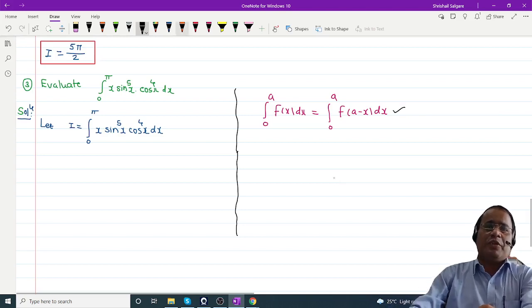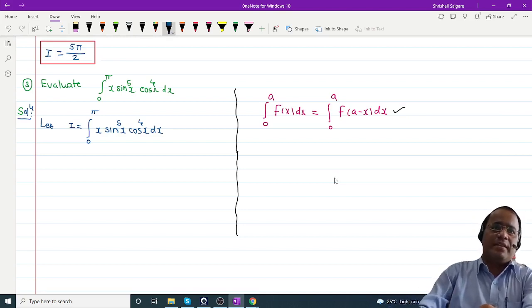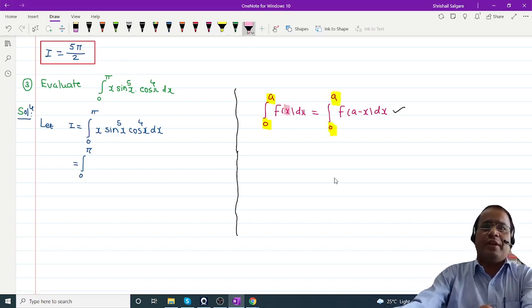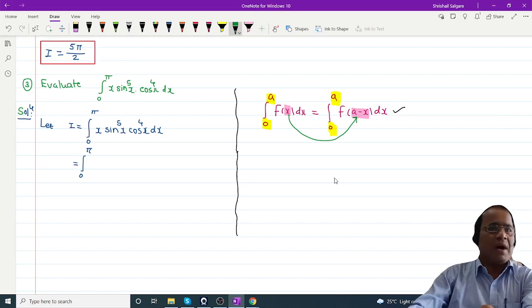While writing the new integral, you write it with the same limits. Here the limits are 0 to a, and the new limits are also 0 to a. And this parameter x you are replacing by a minus x. In our example, what is the value of a? Pi. You have to replace x by pi minus x everywhere in the integrand.